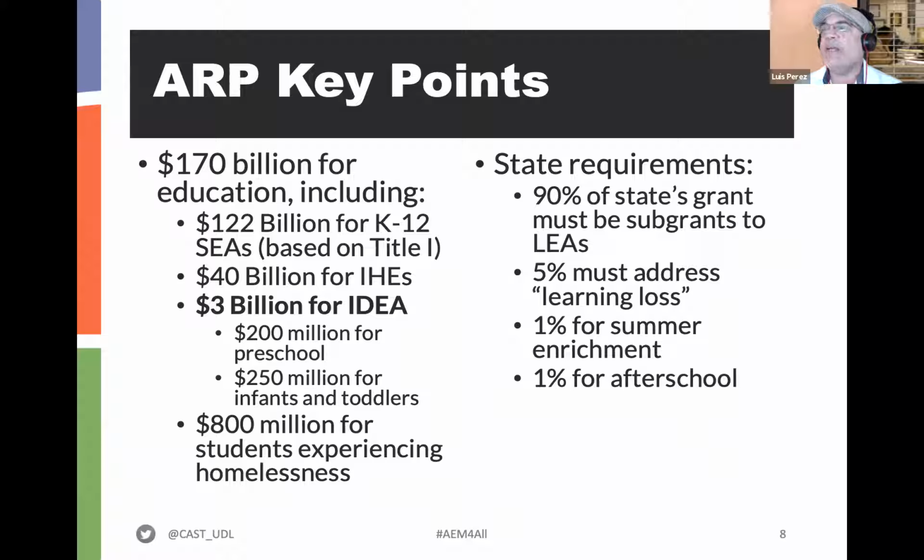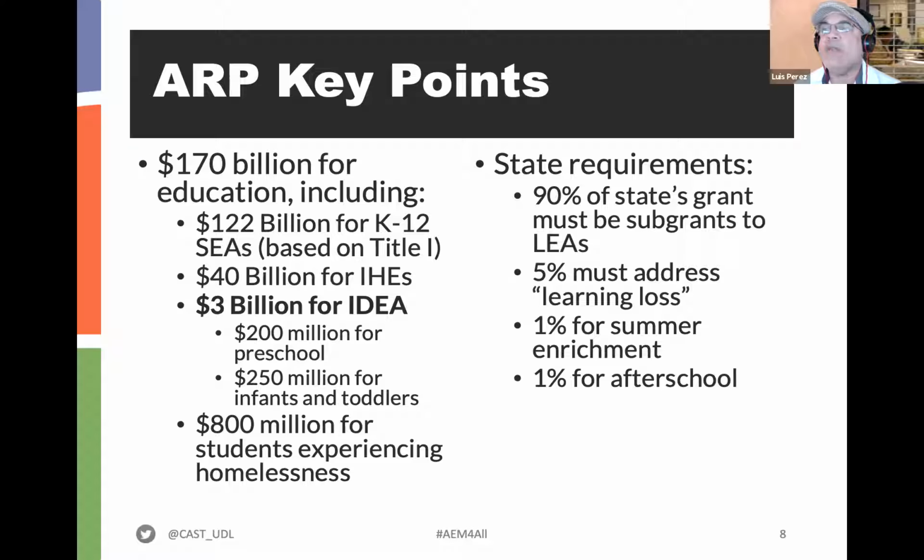And out of that, 200 million for preschool programs and 250 million for infants and toddler programs. And then one of the provisions addresses the needs of students who are experiencing homelessness. So there's 800 million that has been set aside for that. So that's kind of the big picture with the different buckets that are included in this American Rescue Plan.